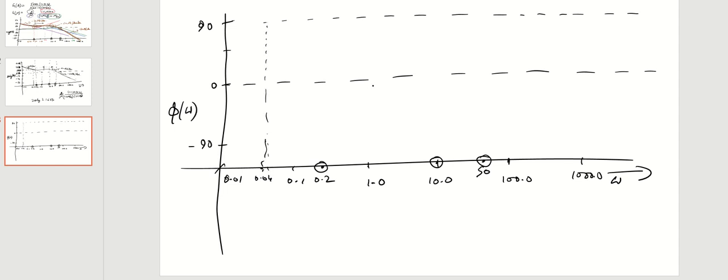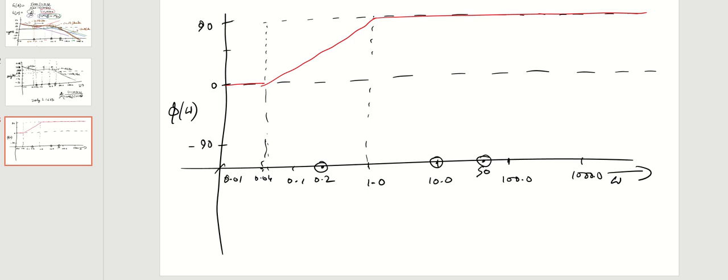So the first one, that's the effect of 0 at point 2.